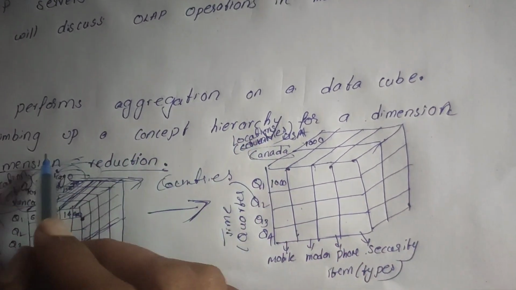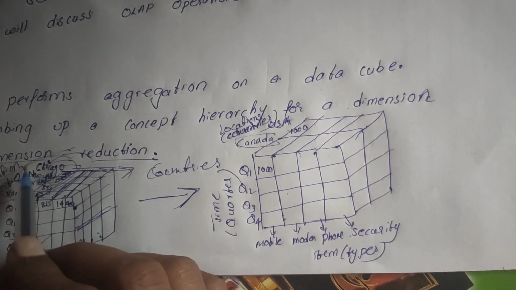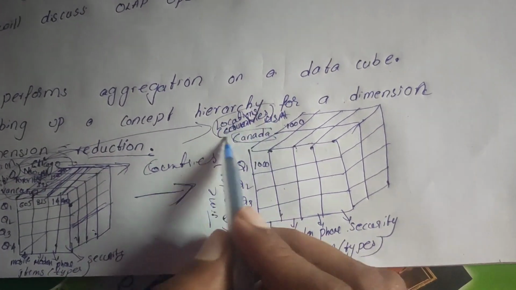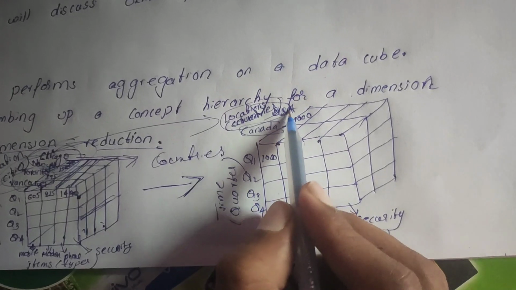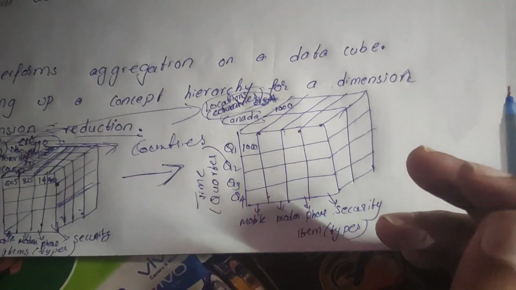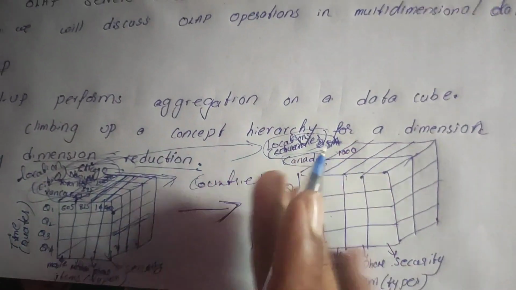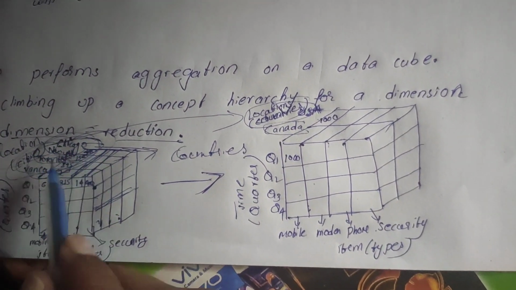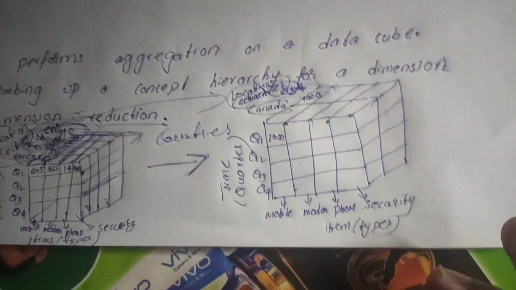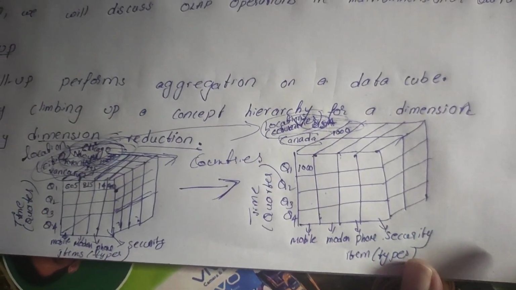So location cities is converted into location countries, removing two dimensions and converting them into one country.